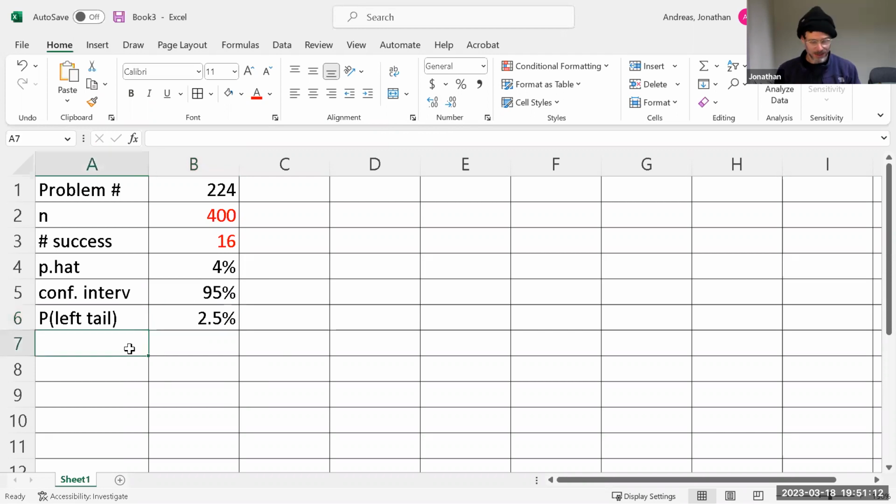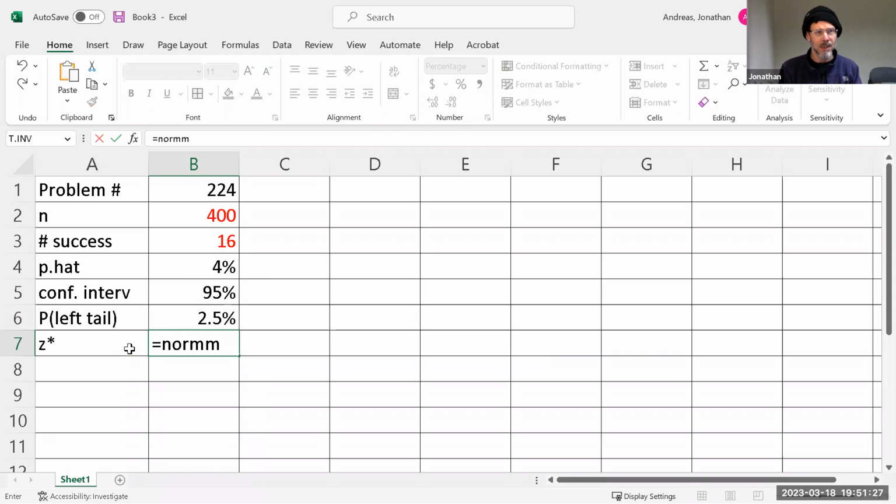And then to get the critical value z, we have to find out how many standard deviations 2.5% is away from the mean. And to do that, we use the norm dot inverse, the inverse normal distribution.